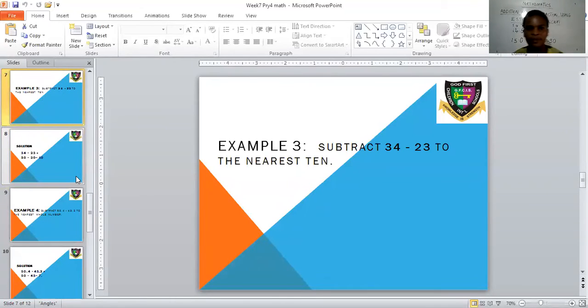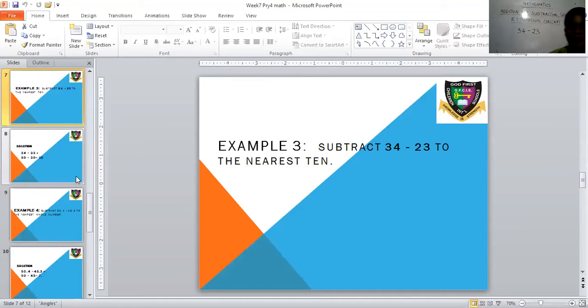Now, example 3. This is working on subtraction. Now, they are telling us to subtract. The problem we have to solve now is 34 minus 23.